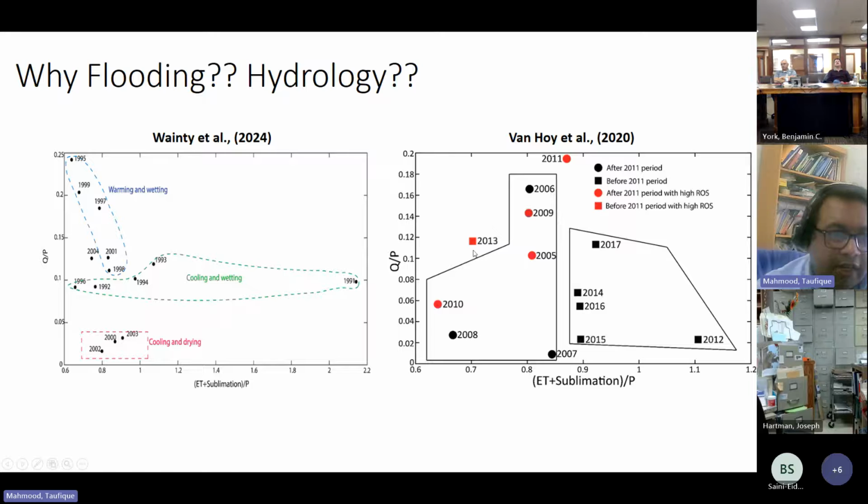But before 2011, it is basically a lateral flux, or Q over P, dominated system, with a pretty high Q over P in this area. So this high Q over P is also responsible for the expansion of the chain of lakes over there.